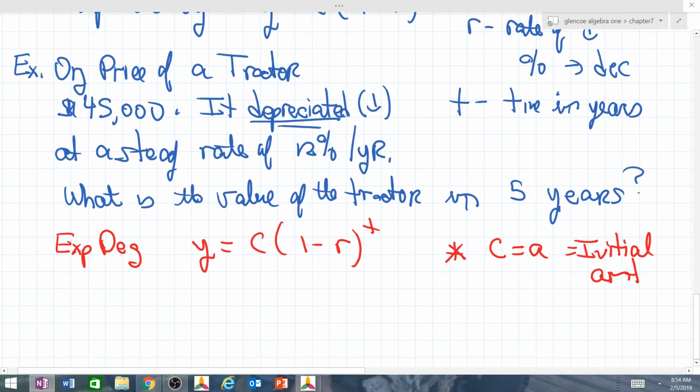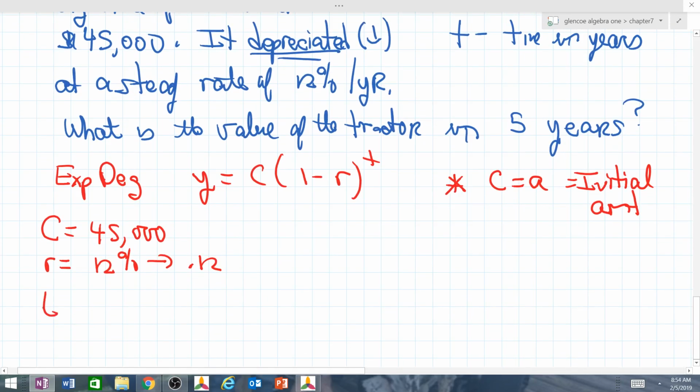Yes? So what's my initial amount? Good. What's my rate of depreciation? 12%, and you're going to change that to a decimal, which would be 0.12. And what is my time in years? 5 years. So now we're going to set it up.